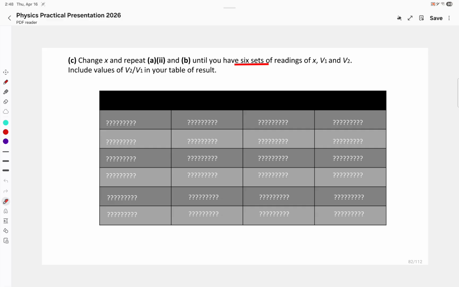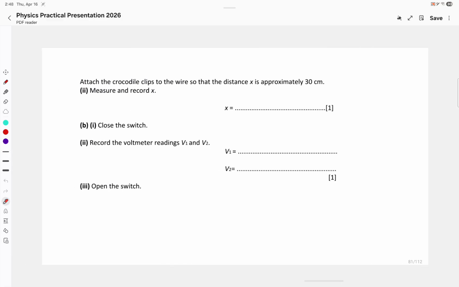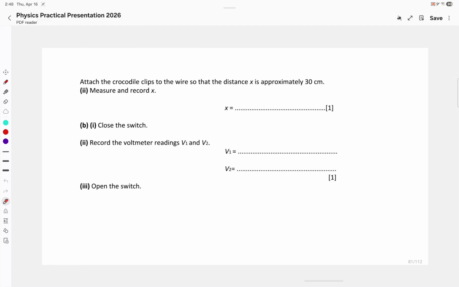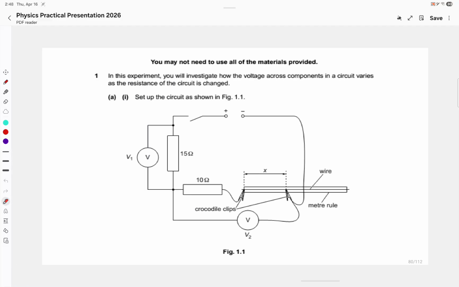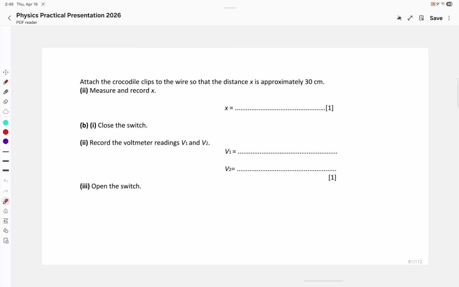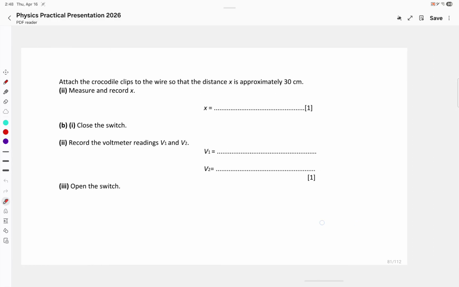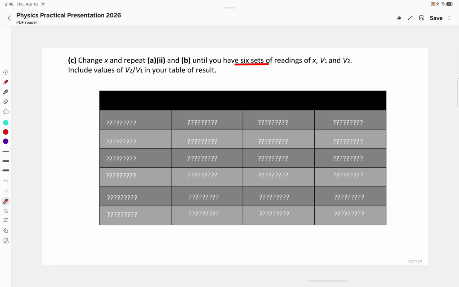Step number 1: constants never appear in the table, and at the moment in this particular question no constant is mentioned. The starting value of x is 30, and then you have to record V1 and V2 from the circuit diagram, right? And now one request from the examiner is that you should also include the value of V2 upon V1.